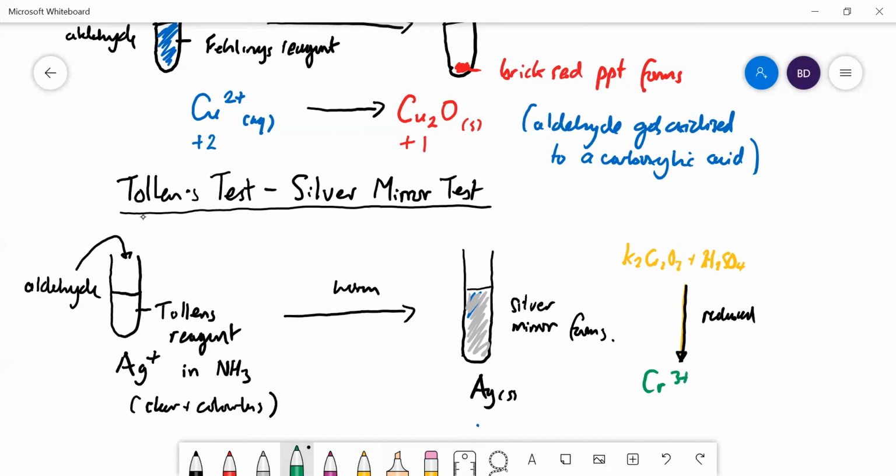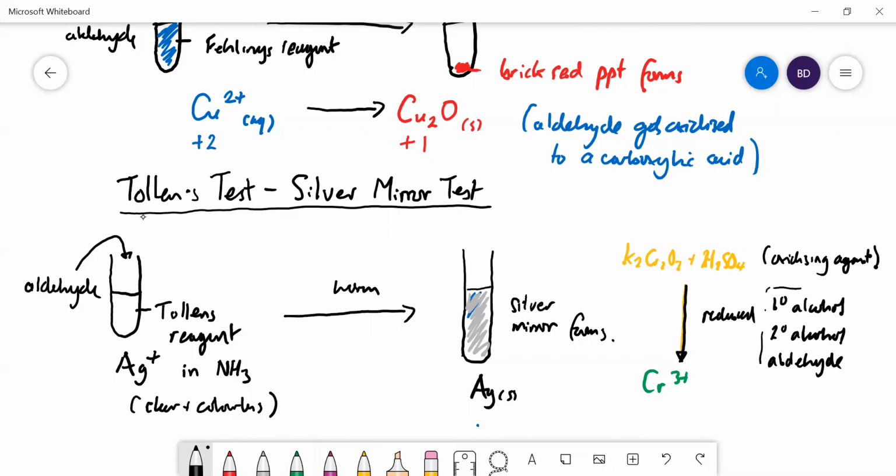So potassium dichromate is the oxidizing agent. So what reducing agents can react with that? Well, we've seen a primary alcohol can, because the reducing agent gets oxidized. A secondary alcohol. And we can see here also an aldehyde, because you can oxidize it to a carboxylic acid. So all three of those will give you this orange to green color change, but it won't tell you which one you've got. You won't know if you've got a primary, secondary alcohol or an aldehyde. The only thing you know you haven't got is a tertiary alcohol.